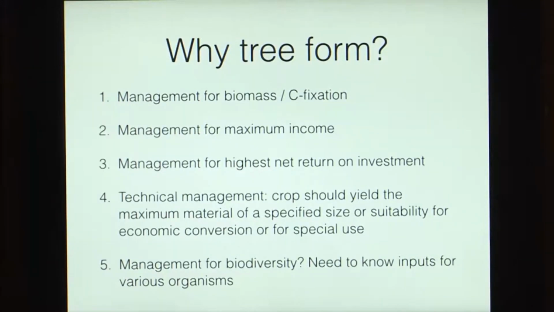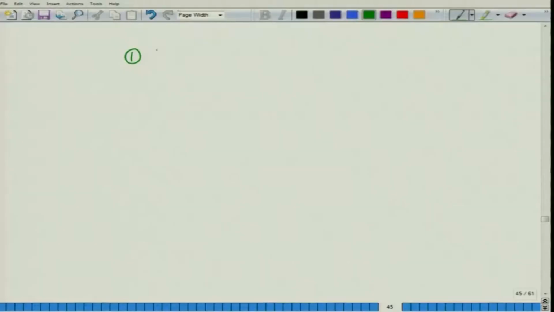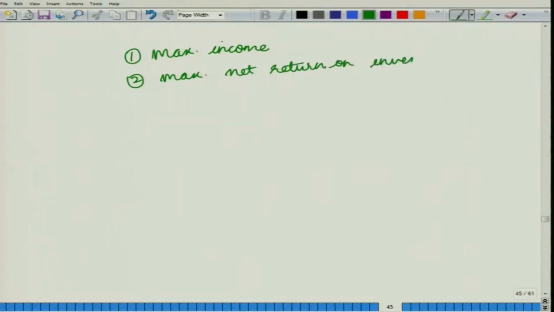Now, there is a difference between maximum income and maximum net return on investment. To understand the difference, consider two policies given by banks.